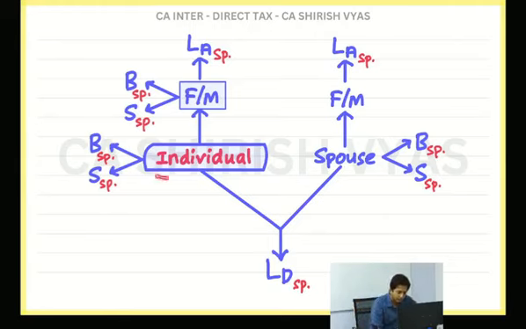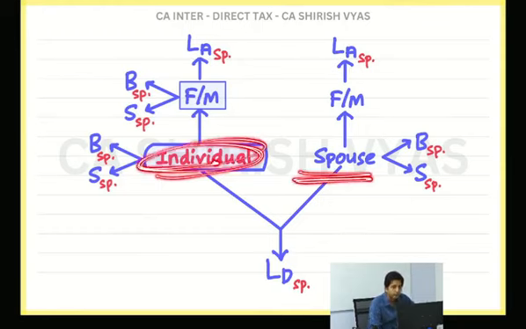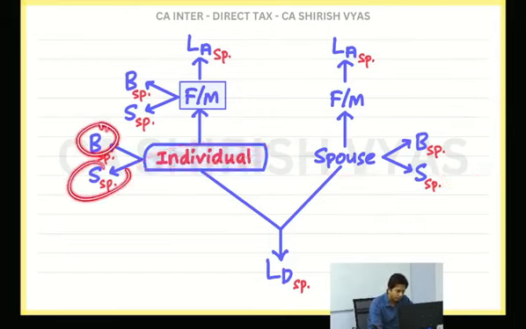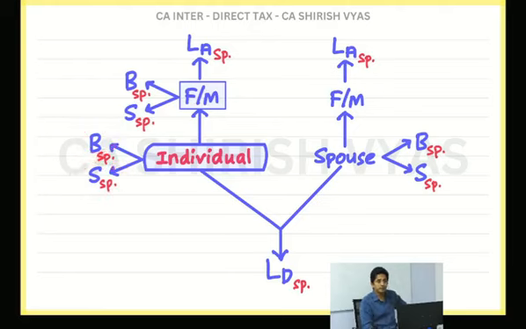So see, if this is me, my relatives are my wife, and brothers and sisters of my wife. For me, they are brother-in-law and sister-in-law. And these are my own brother and sister, along with their spouses. Can you see SP? See this, I have written SP.